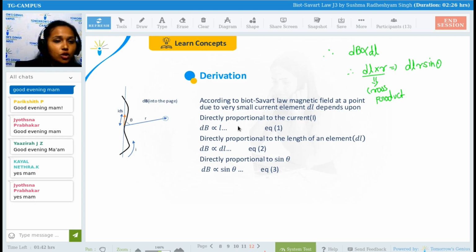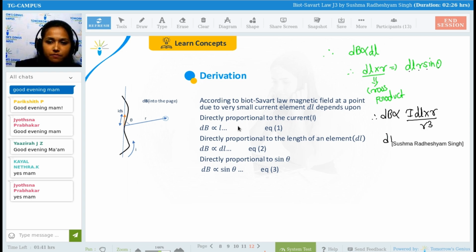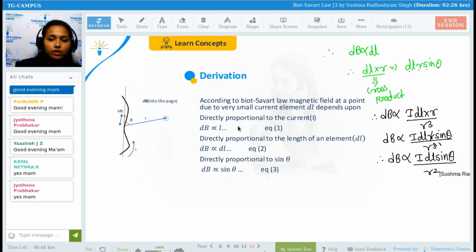So if we put dl r sine theta, that means dB directly proportional to I dl cross r upon r power cube becomes dB proportional to I dl r sine theta upon r power 3. Now see, this r and r power 1 get cancelled. So we get dB directly proportional to I dl sine theta upon r square. Now this is your Biot-Savart law.